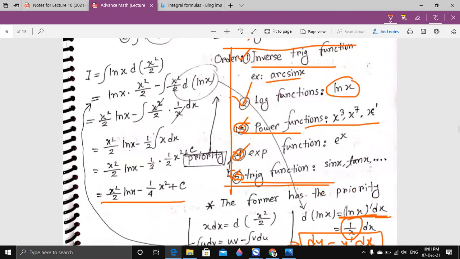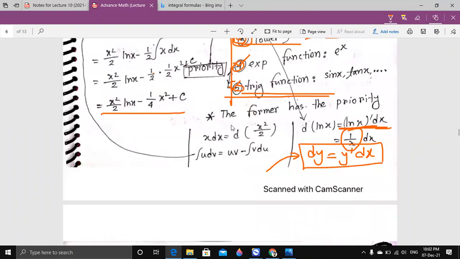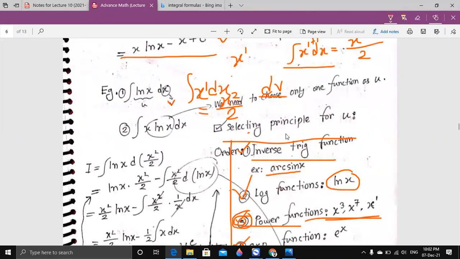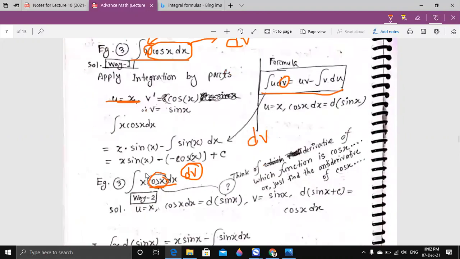So here power function is on the upside, so we have to let power function as u. Am I right? So we let x is equal to u from the principle for selecting u. So here u is equal to x, and on the right side we have cos x dx. We have to convert this cos x dx to something like dv, right?